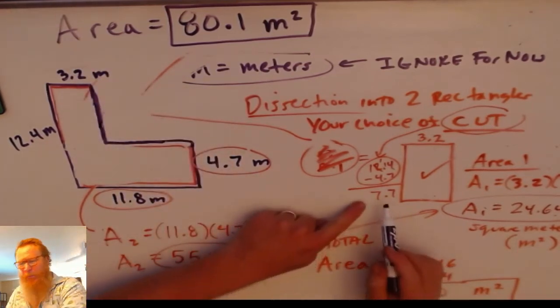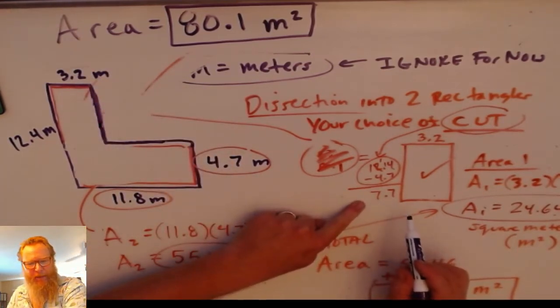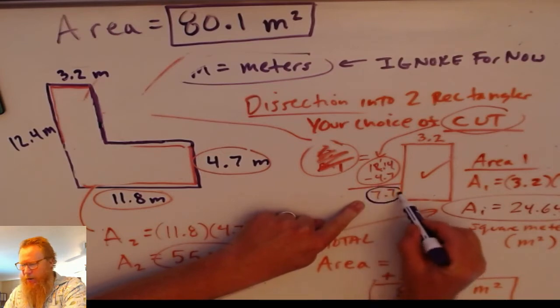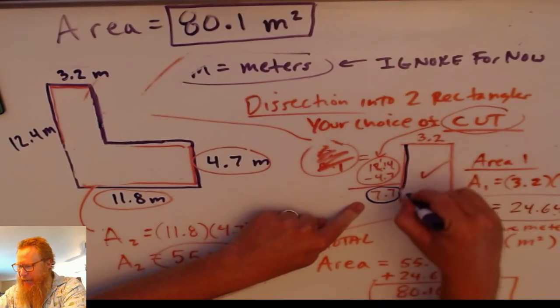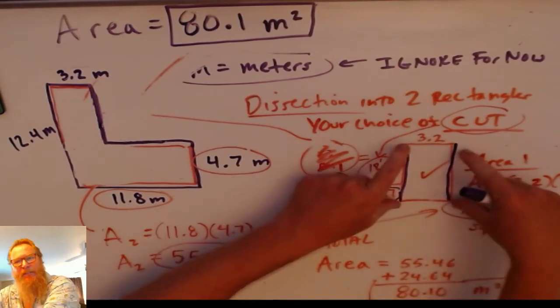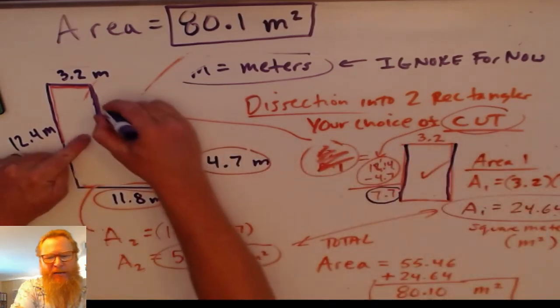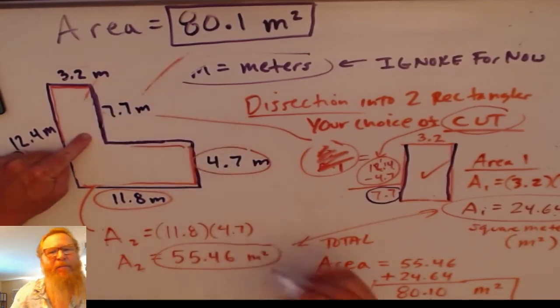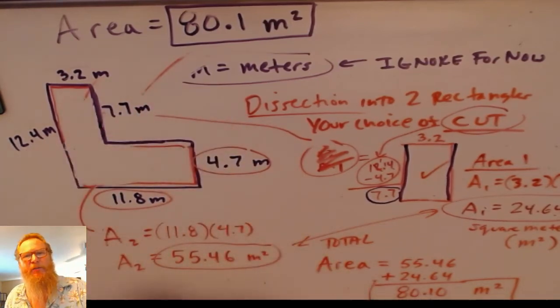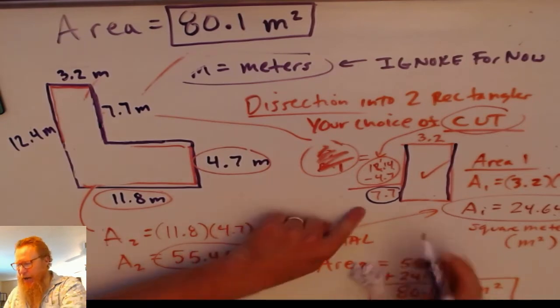Now, I should point out over here, we already know 7.7 was the length of these two sides. So I might as well just copy, before I erase that, 7.7 meters. Just copy this.